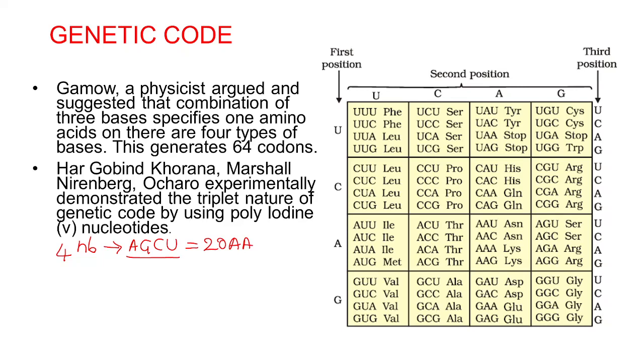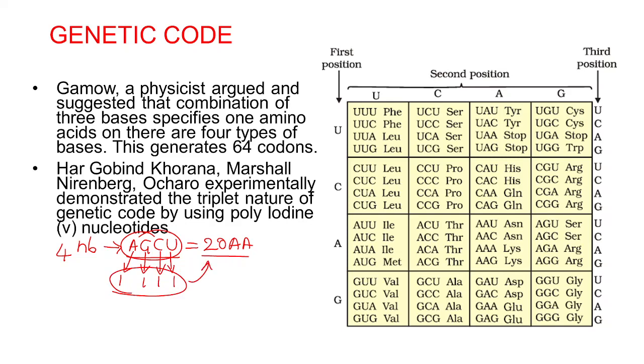If they want to code for 20 amino acids singly, it is not possible, because if one base codes for one amino acid, the 4 nitrogenous bases can code for a maximum of 4 amino acids, but 20 amino acids should be coded.